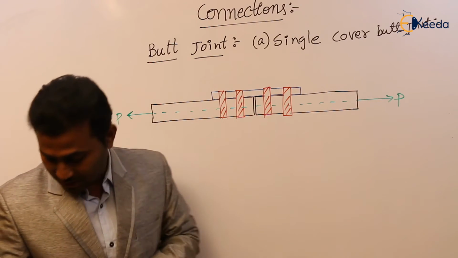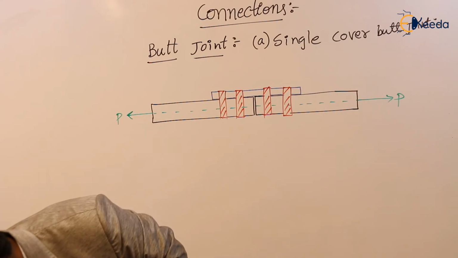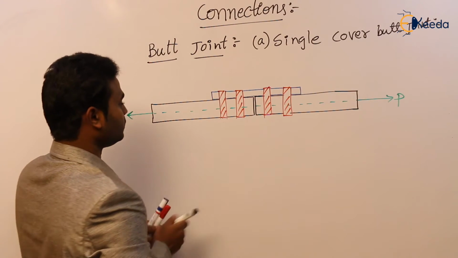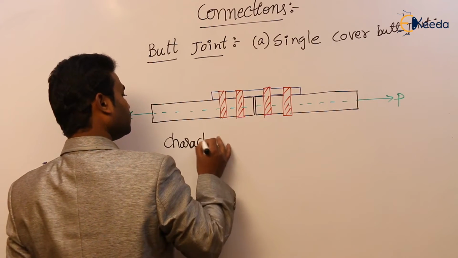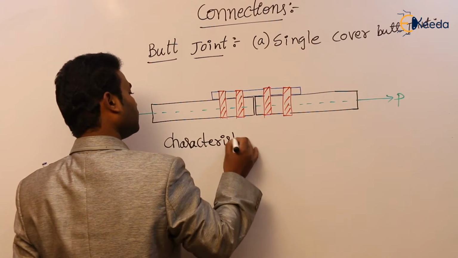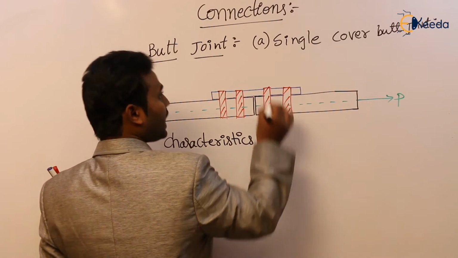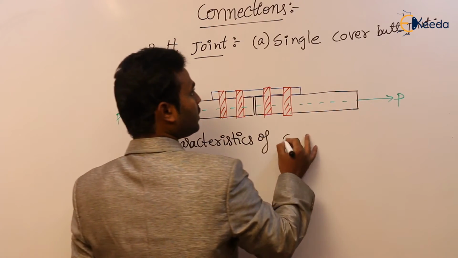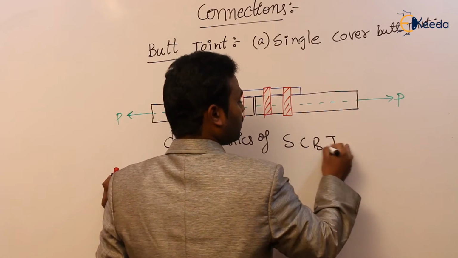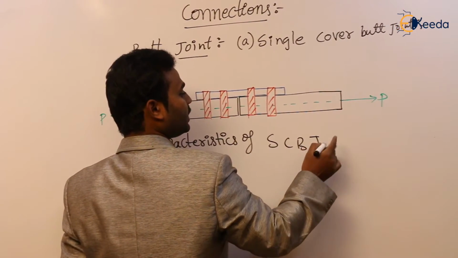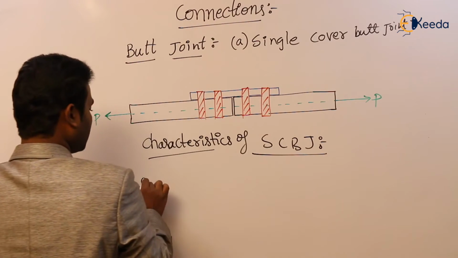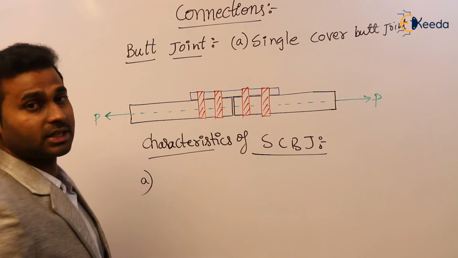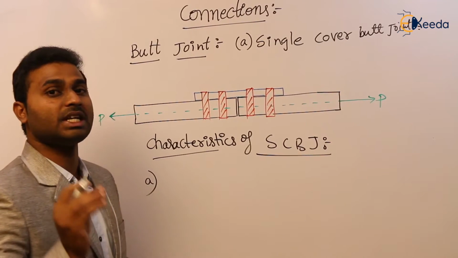Now let us see the characteristics of the single cover butt joint. As we discussed in the previous case, the first characteristic of lap joint is that it is the least efficient.